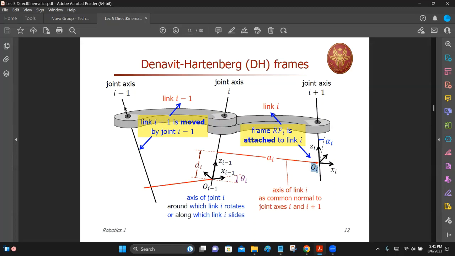You have the joint axis and then the link. And at the end of the link, you have the coordinate frame. Again, you have the joint and then the link. At the end of the link, you have the coordinate frame for any I. So for example, let's say this is I minus 1 joint, this is I minus 1 link, this is I minus 1 coordinate frame. That way you can remember it.